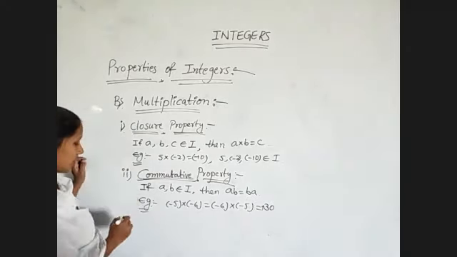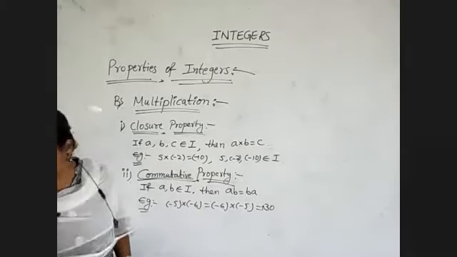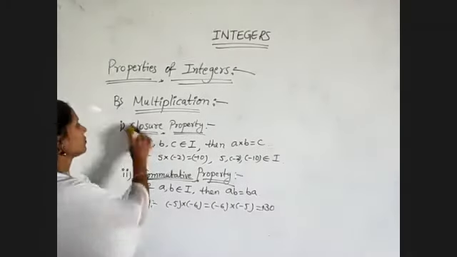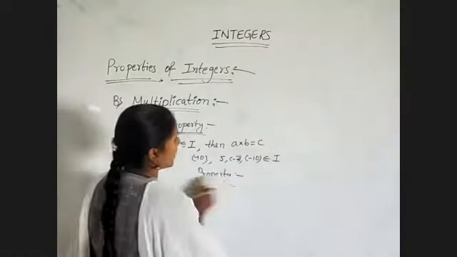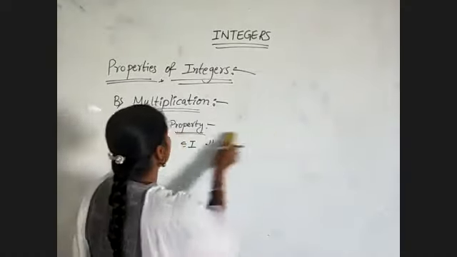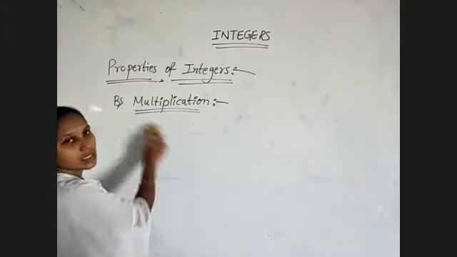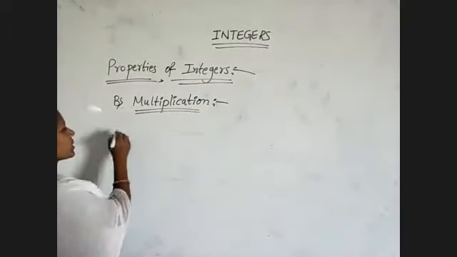So now coming to the third one, associative property. Same thing, but instead of two numbers, we need to take three numbers.